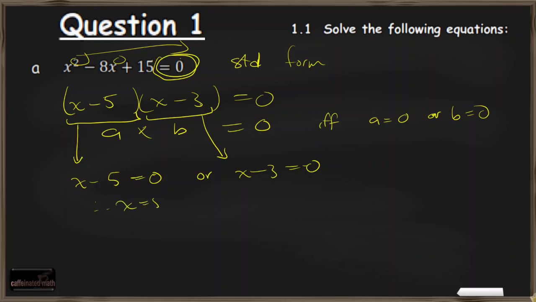Firstly, x is equal to 5 or x is equal to 3. It's as good as that gets. For some mark allocation, well, factorization gives you a mark, and then a mark for each answer.